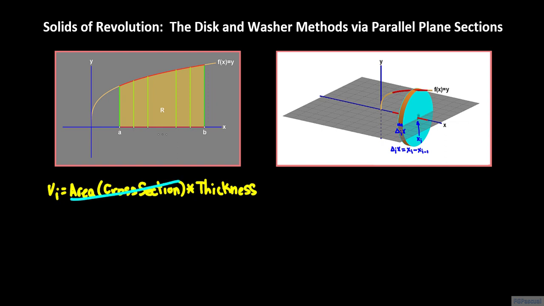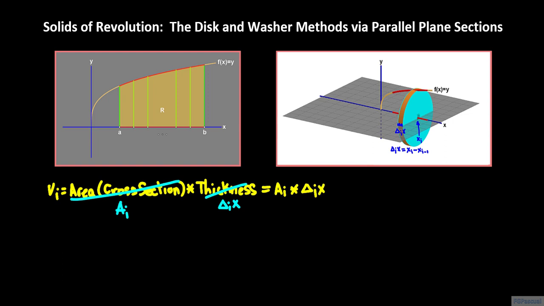Let the cross-sectional area of the ith disk be A sub i. Since the thickness of this disk is delta sub i x, V sub i equals A sub i times delta sub i x.